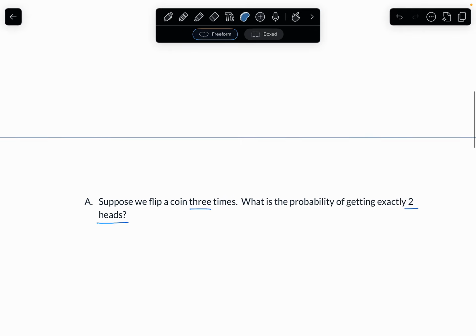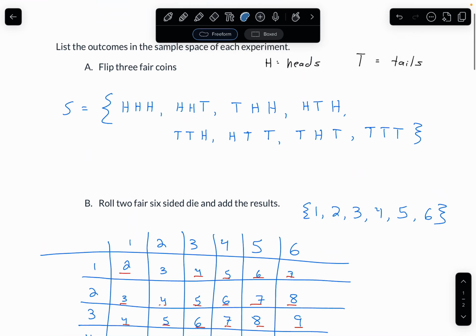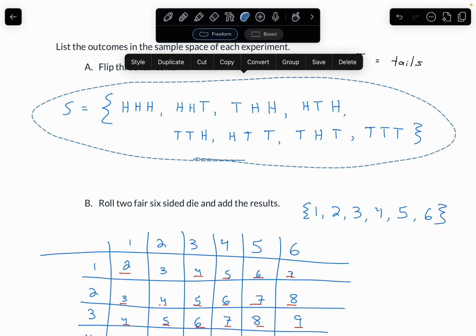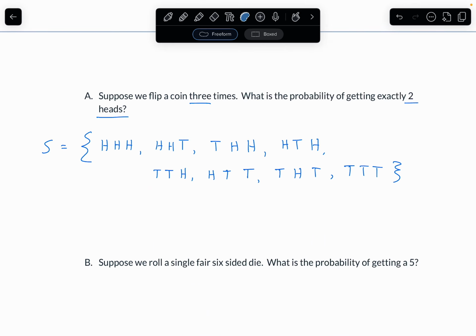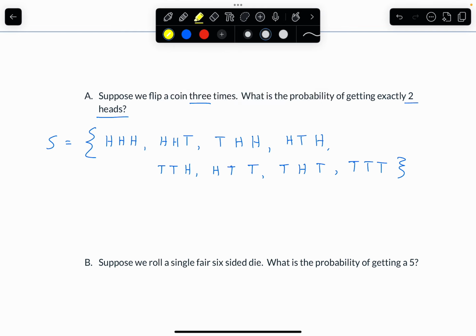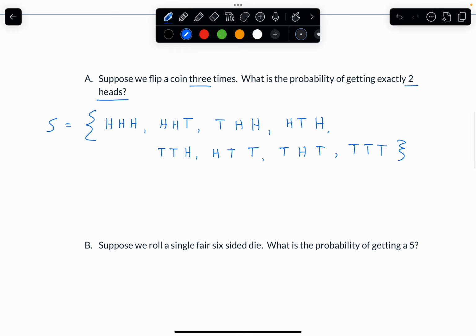So I'm actually going to scroll up here and grab that sample space. We're just going to go ahead and copy and paste it so that we can work with that. It's going to make our lives much, much easier. So we have this sample space. If I want to calculate the probability, I'm going to write this out the way that I might write it out on a problem.